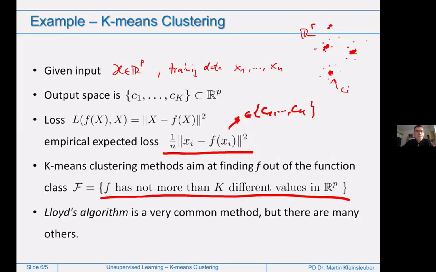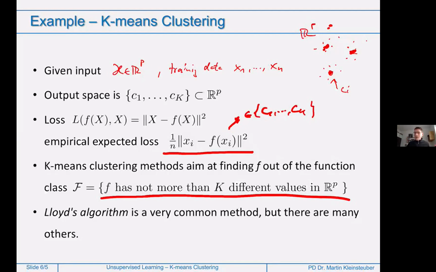If I want to minimize the empirical loss, the best number is small n, because then you assign each data point its own cluster. But of course this does not generalize, because if a new data point x is coming, you don't know how to assign it. So you have this generalization issue.